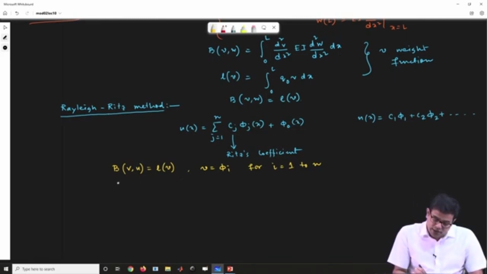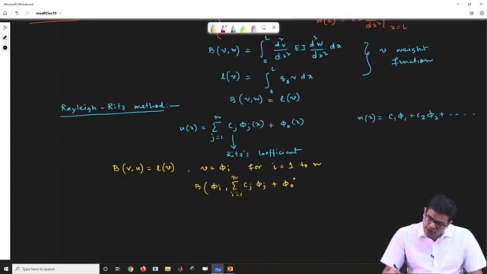If I substitute this v and u here, then my bilinear form will look like this: phi i comma the sum over j equals 1 to n of Cj phi j plus phi 0. This is my weak form. Now you see that each i results in one linear equation here if the bilinear form is linear.